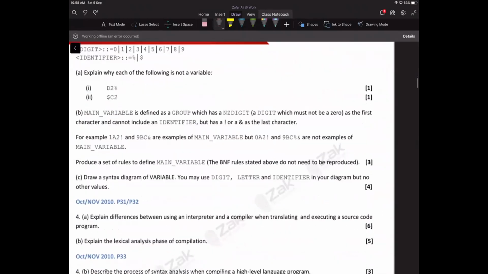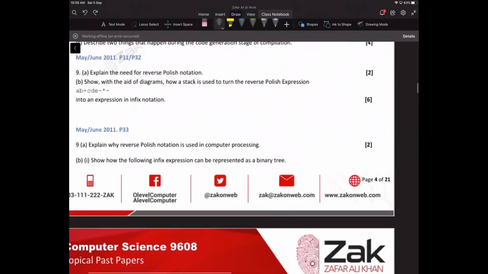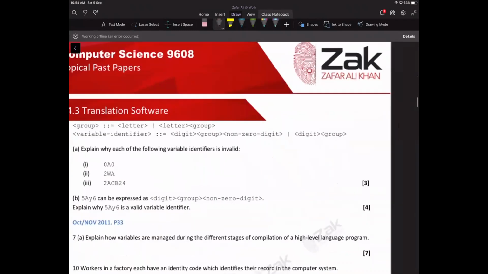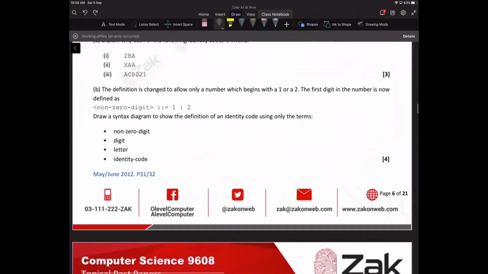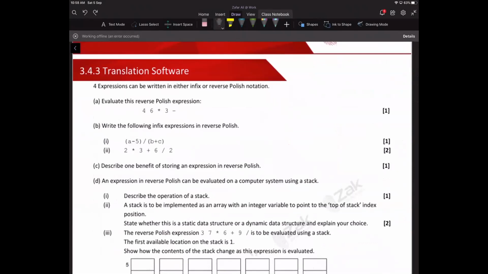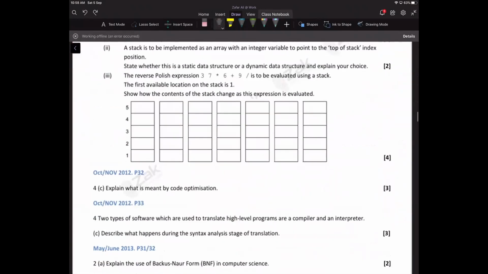All right, so these are so many questions that we have solved and there are so many others left. I don't think that we would have anything different than that. These are RPN questions.